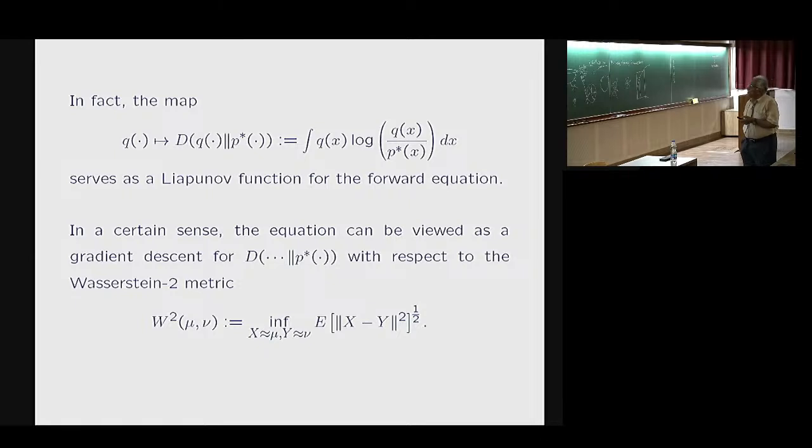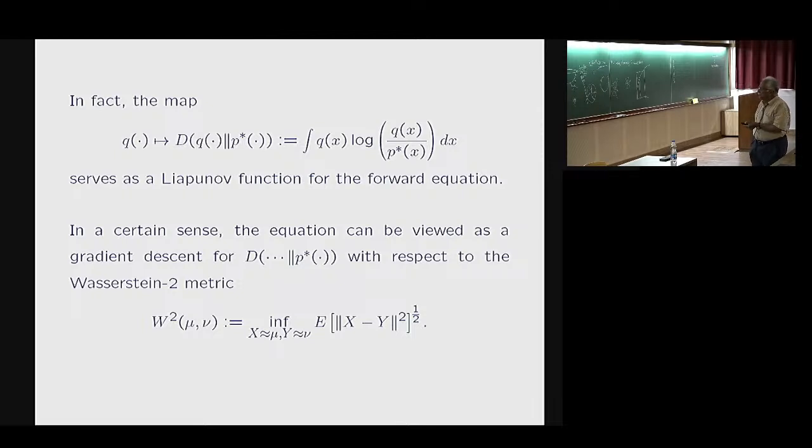And actually, it's not recent. This work appeared in, I think 86, I don't remember, or 90s, quite a while back, more than 20 years back, by Jordan, Otto, and Kinderlehrer, which showed that if you consider this metric, this is called the Wasserstein 2 metric.